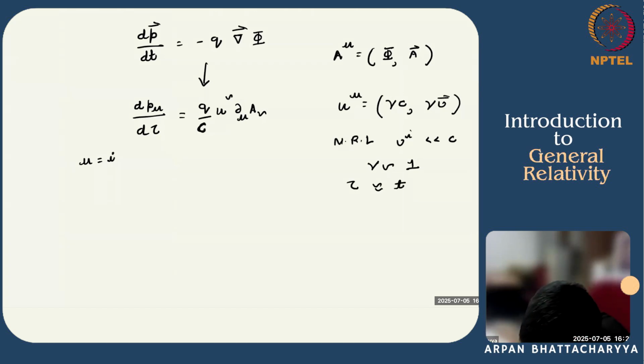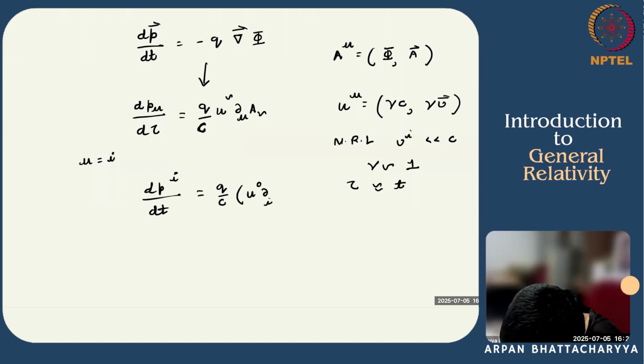So if you look at this, then you can easily see dp i by d tau, and from this side we have q by c, and if you expand this sum over nu, we get u0 del i A0 plus u j del i A j.